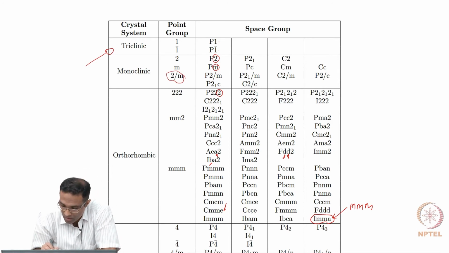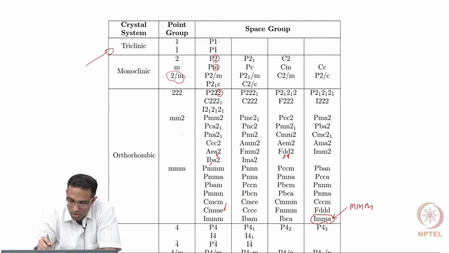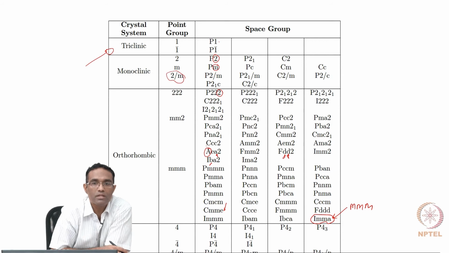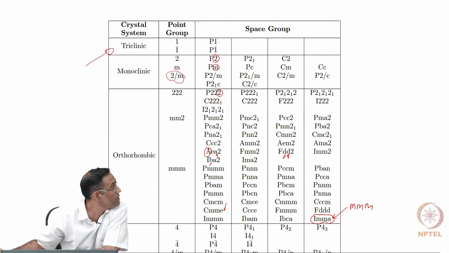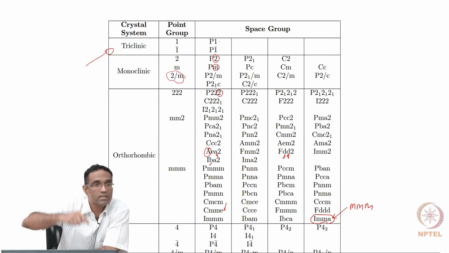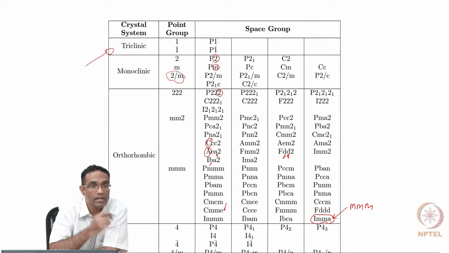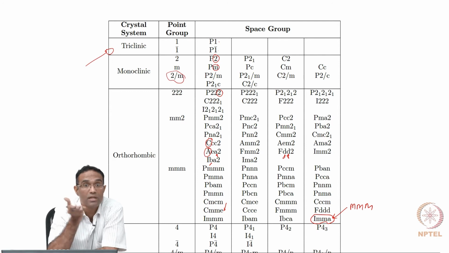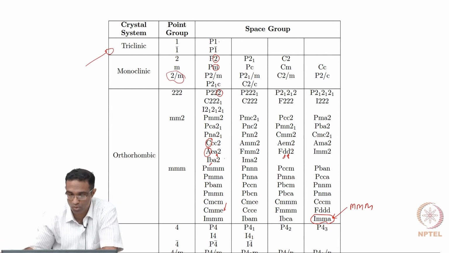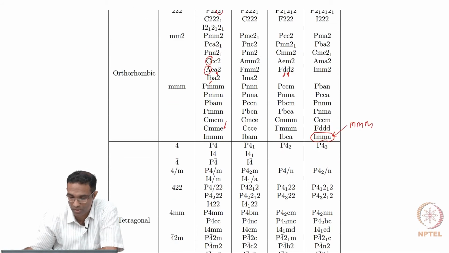Then in the orthorhombic space groups, you have A centered, which means an atom is going to be present in the plane which has the A axis as the normal. You can also have atoms centered about the C plane, which means there is an atom centered about the plane which has the C axis as the normal, and so on. So that's the orthorhombic space group.